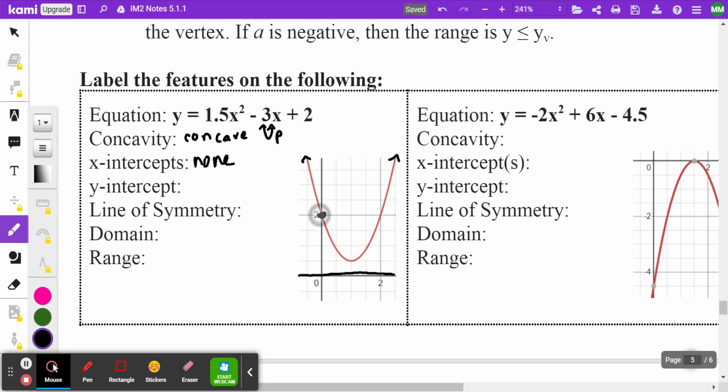Y-intercept, right here at 0, 2, which it should be because 2 is c. Line of symmetry, let's draw a straight line down the middle of this parabola. That's at x equals 1, because these are counting by 2 on the x-axis. So x equals 1.